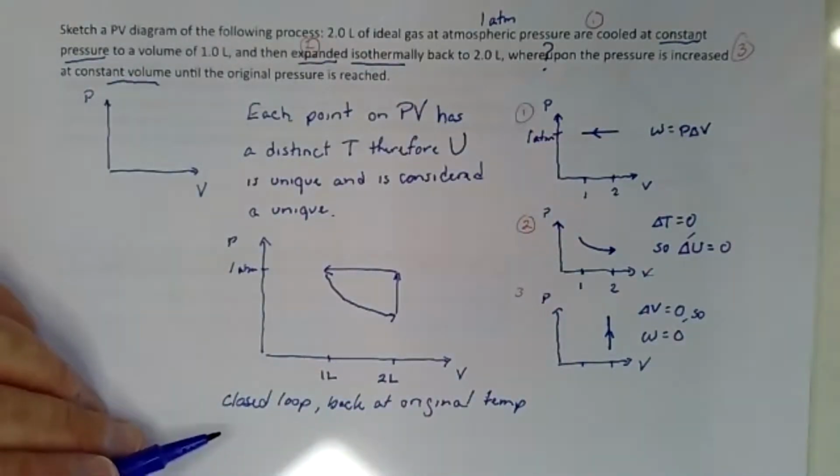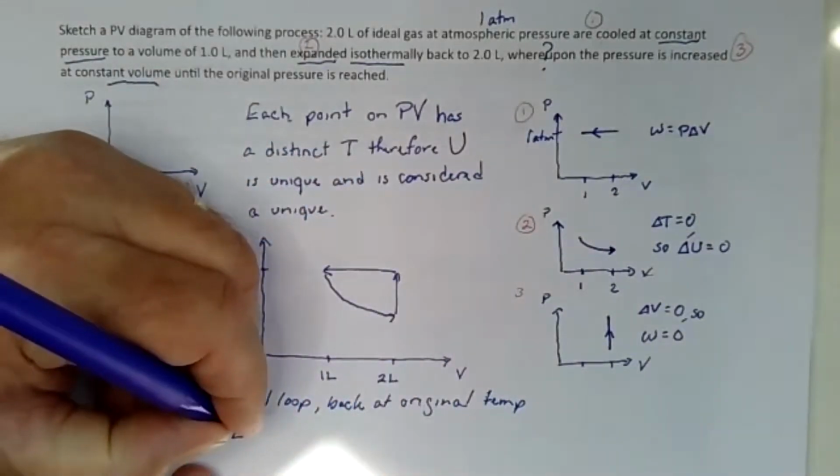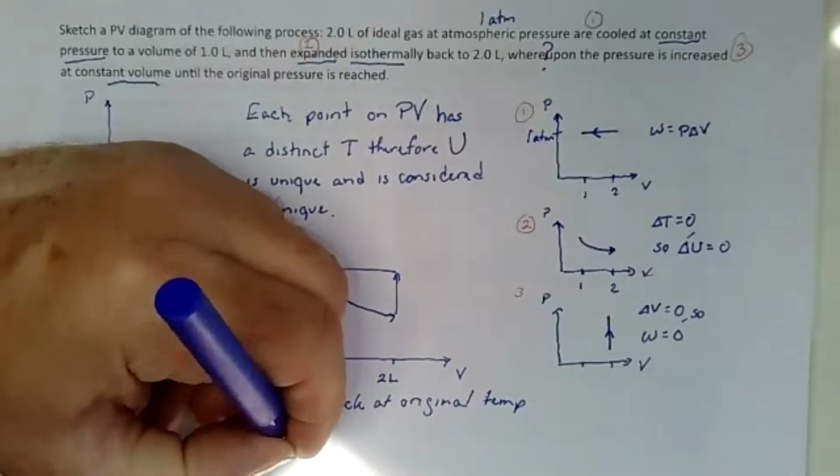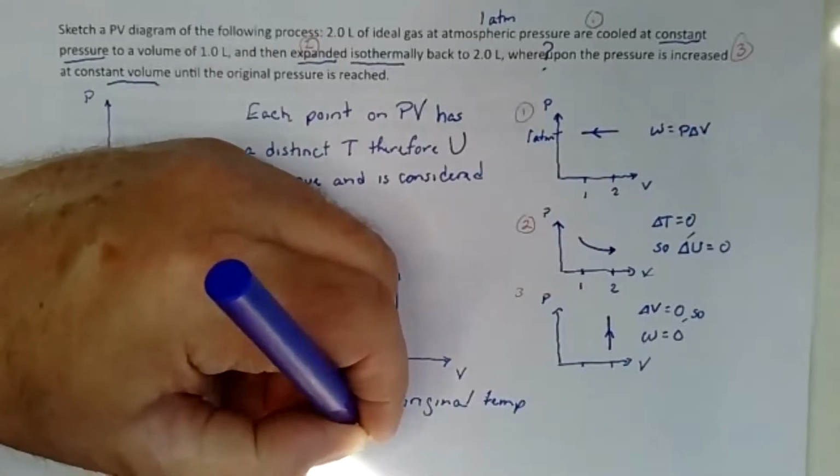And if you're back at the same temperature, then that means for the entire loop, delta T is equal to 0, and so the change in internal energy is also equal to 0.